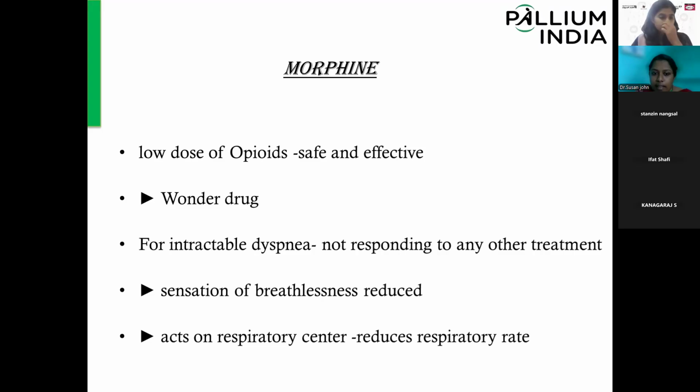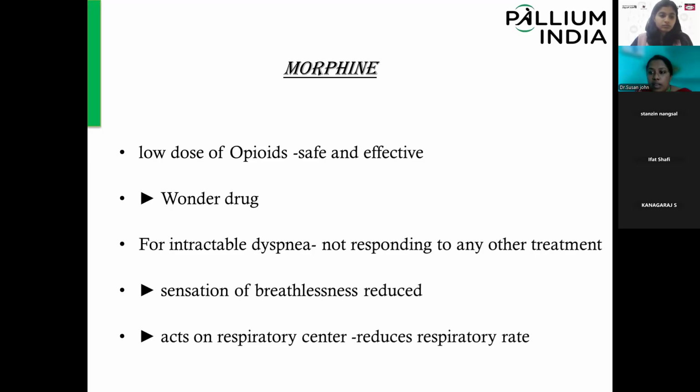This is a wonder drug. It is usually used for intractable dyspnea, which is not responding to any other treatment. When the patient is at the end of life or in the terminal stage, and the breathlessness cannot be treated with any other medicines, we can try morphine. It is for intractable dyspnea.